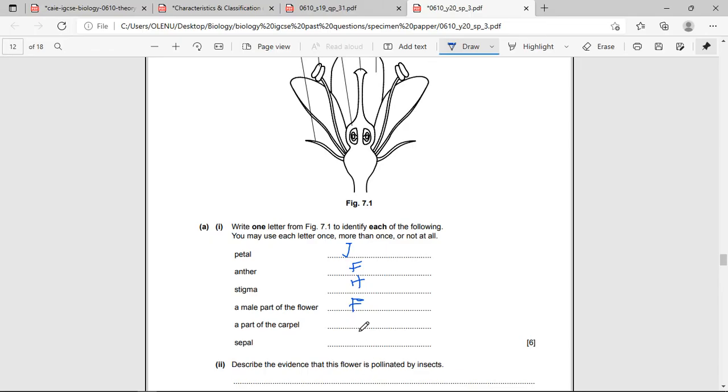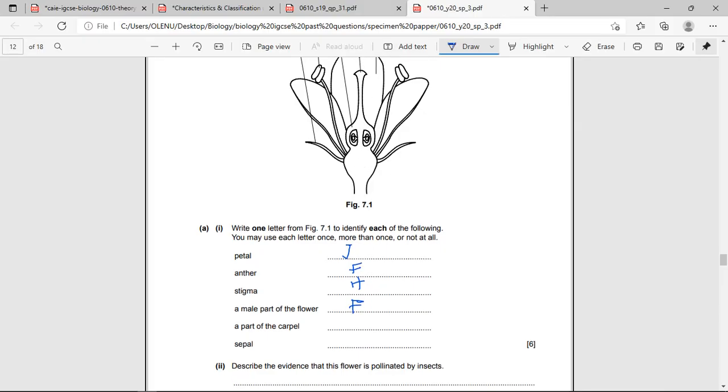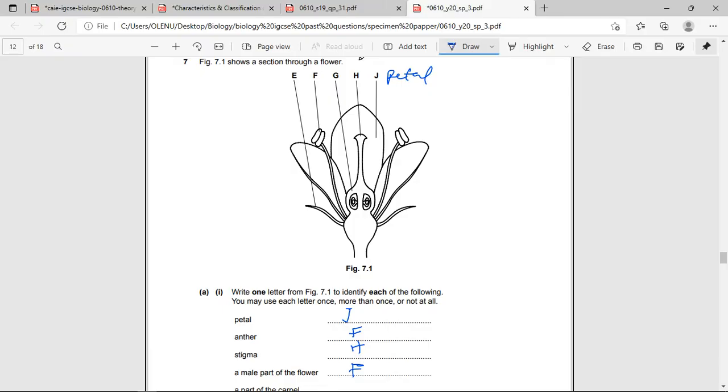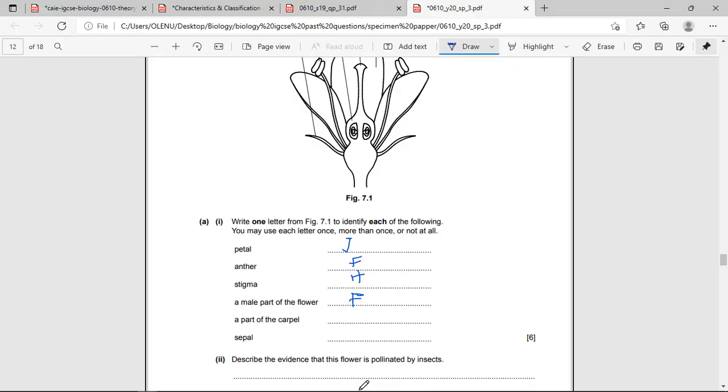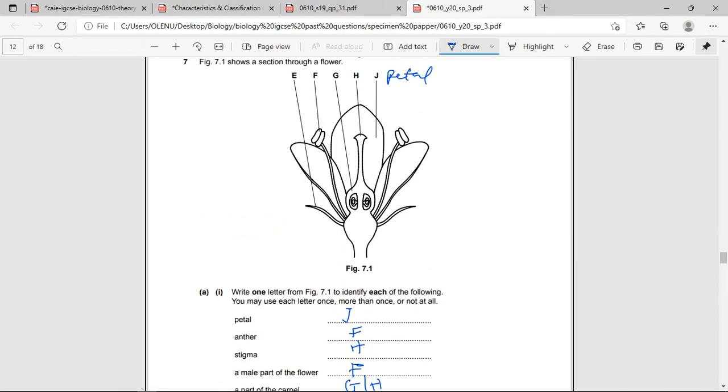Carpel is the female part of a flower, so that should be G. Even H is a female part of a flower, so we can have G or H, any of the two. Then lastly, sepals, which house the flower before it becomes exposed. That should be E.